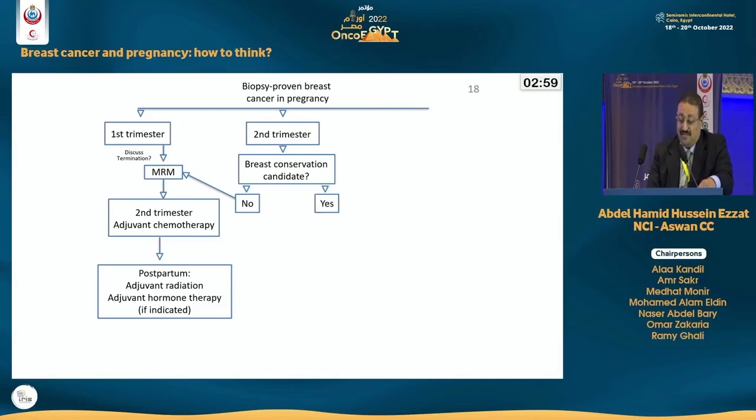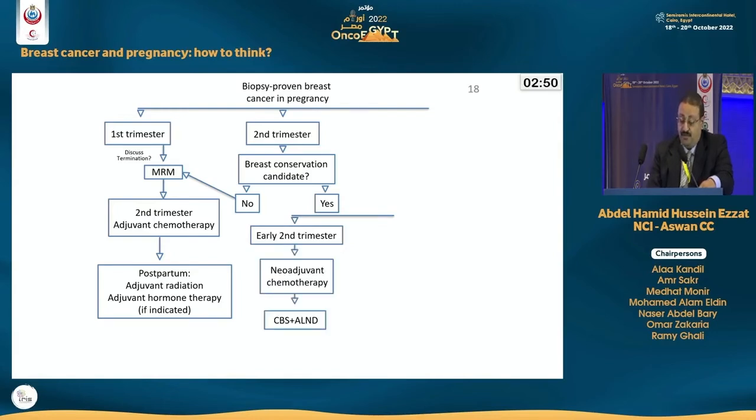If yes, candidate for breast conservation in the second trimester, in the early type, we'll do neoadjuvant chemotherapy first, then conservative breast surgery with axillary lymph node dissection, and then in the third trimester, we begin adjuvant chemotherapy.